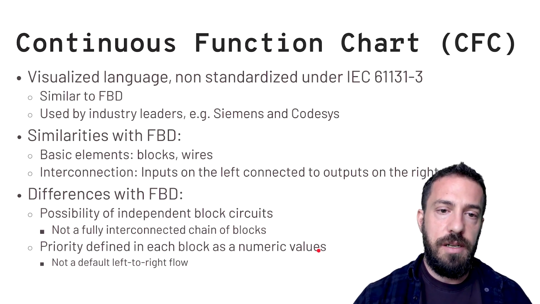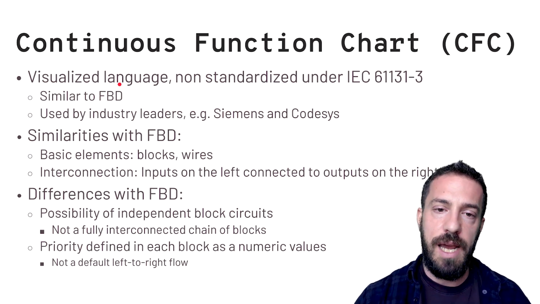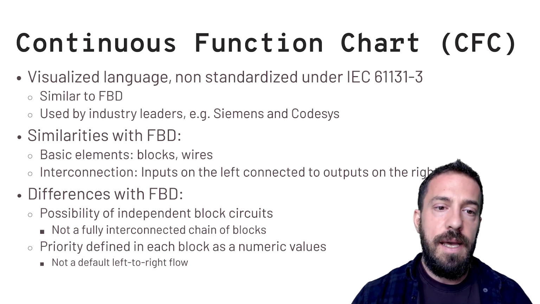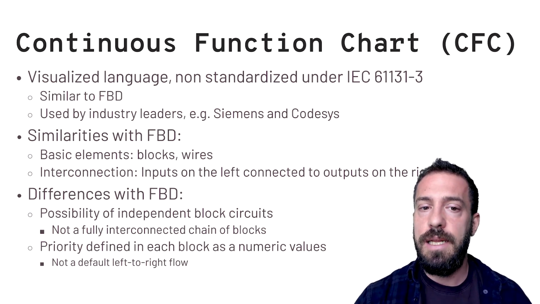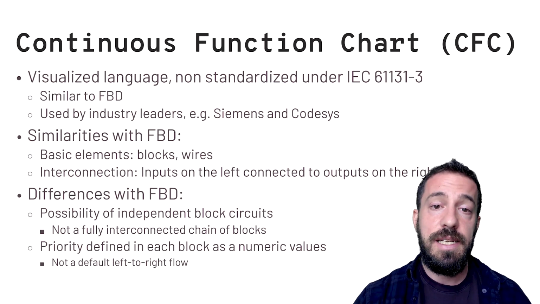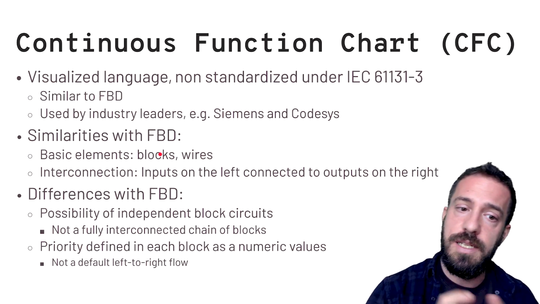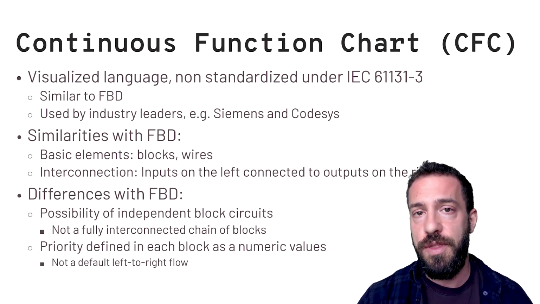Continuous function chart, or CFC, is a visualized language similar to function block diagram, but this is not standardized under the IEC standard. Still, it is pretty popular because it's used by industry leaders like Siemens and Codesys. It's again close to the function block diagram in that it has a block with wires on the left and the outputs on the right.